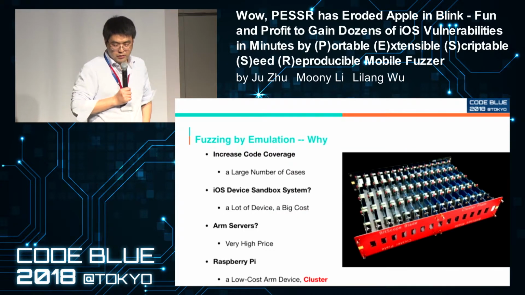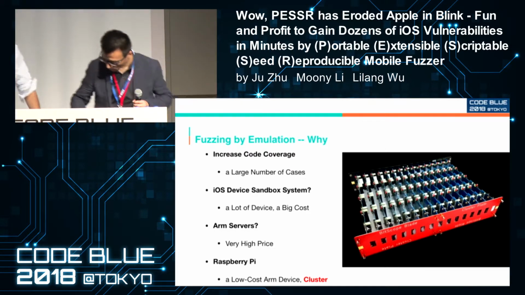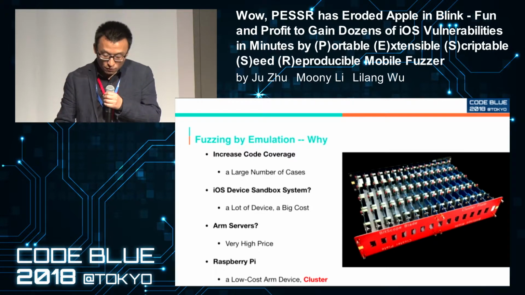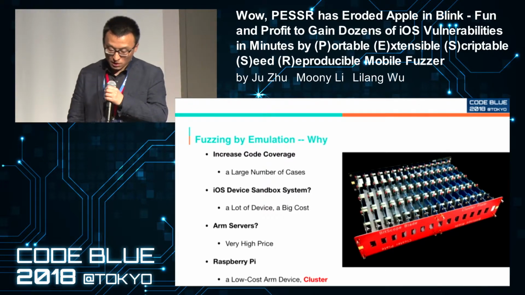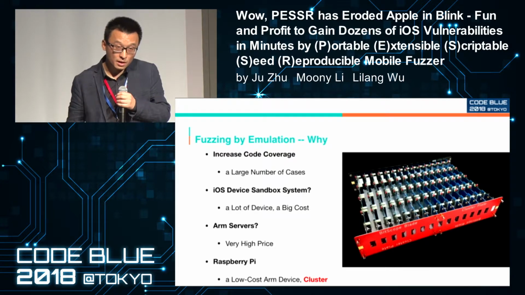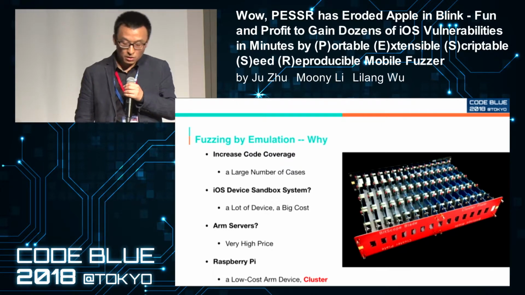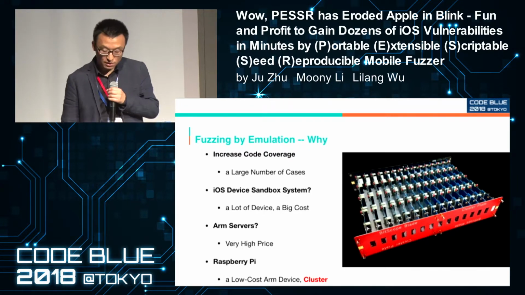Okay, the other part is fuzzing by emulation. For a long time, our fuzzing of XPC services was based on iDevices, for example an iPad or iPhone. But in order to increase code coverage, we generally need to run a large number of cases.